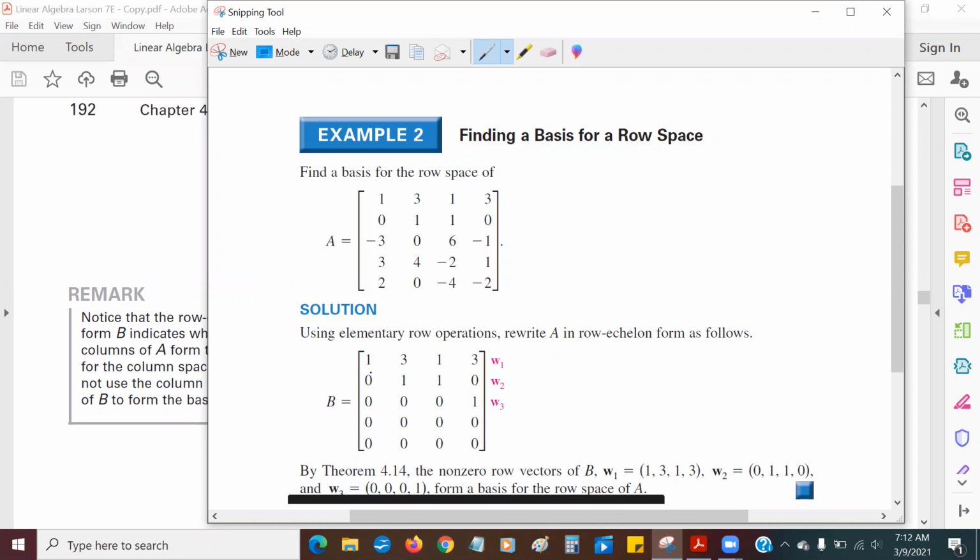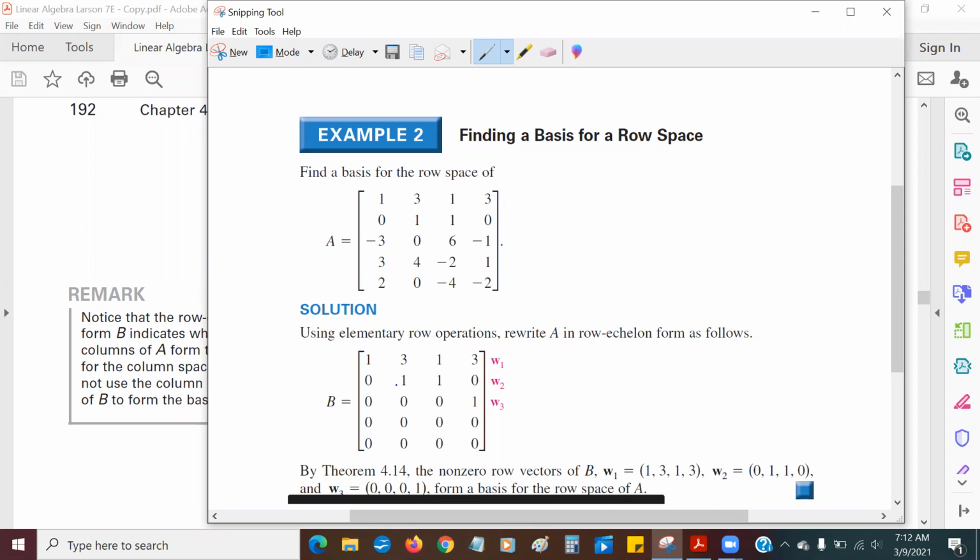But if I take all the different linear combinations of column 1 and column 2, I will never produce that 1 down there, because I have a 0 and a 0. Again, I'm looking at the column vectors here, not the rows.